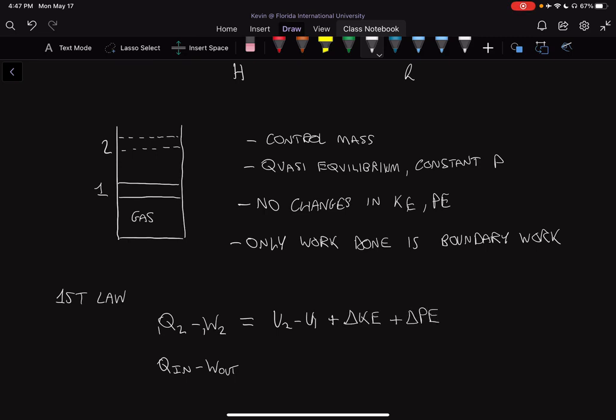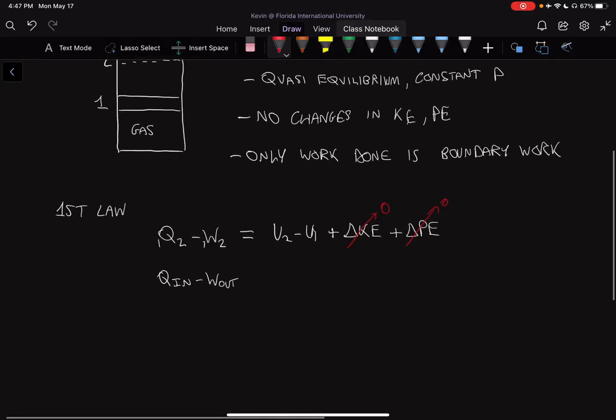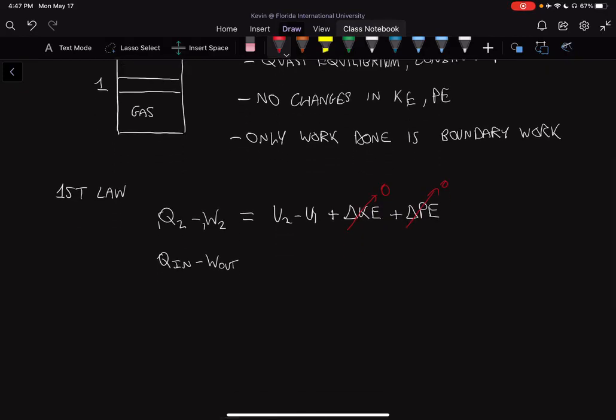We conclude from the assumptions we made that kinetic energy and potential energy go to 0. And so we're left with Q from 1 to 2 minus work from 1 to 2 is equal to U2 minus U1.